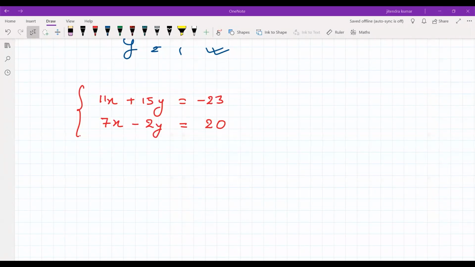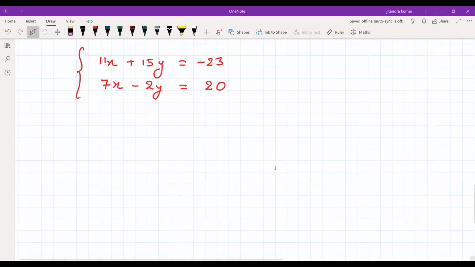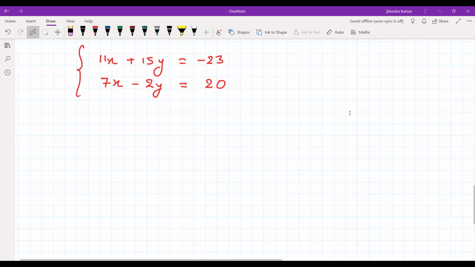What about others? x equal to 4, y equal to 4 is not right. Others?